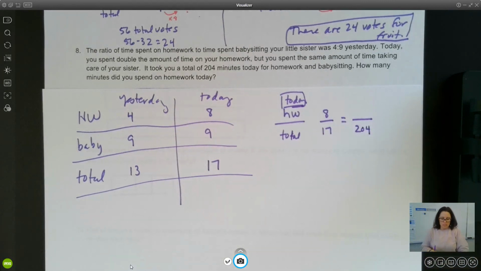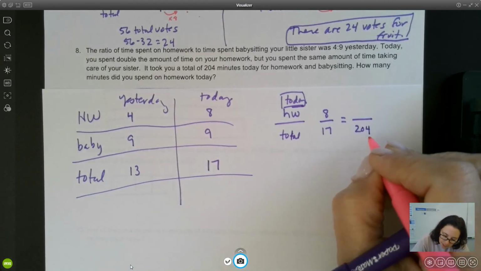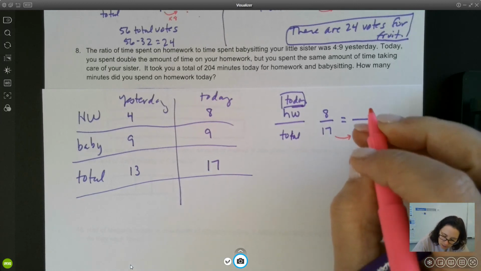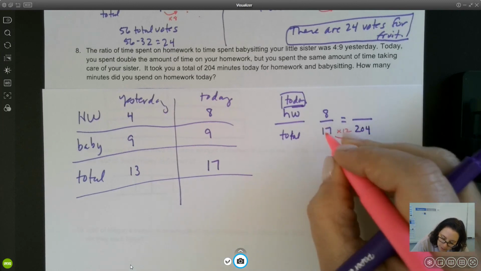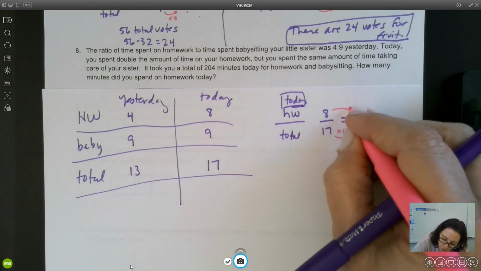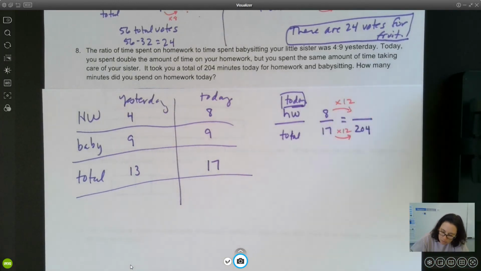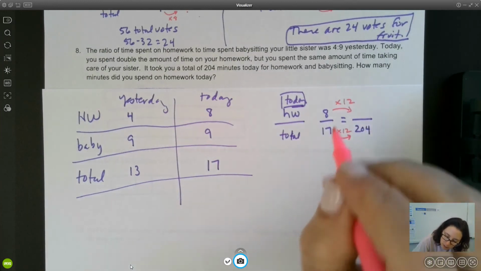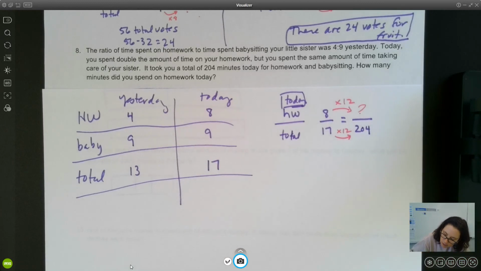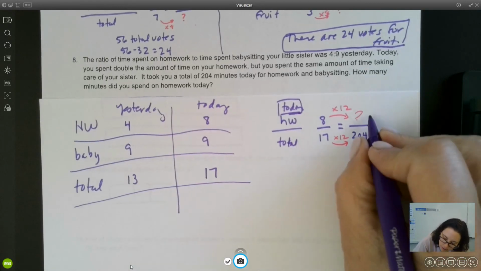Okay, well this one's a little bit larger. So if I divide 204 by 17, that would end up being 12. So I need to multiply 17 by 12 to get 204. Therefore, I must multiply that by 12, and that gets me 96.